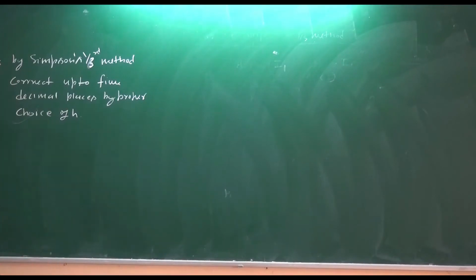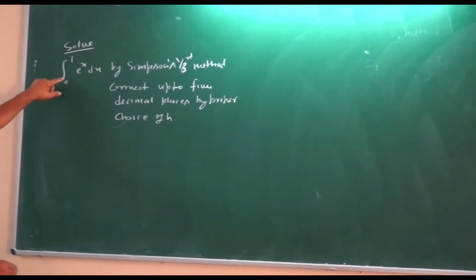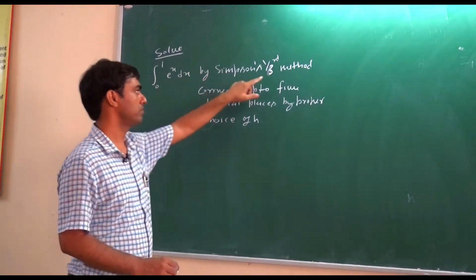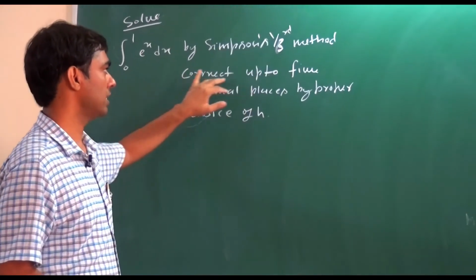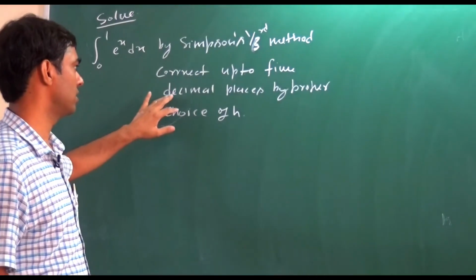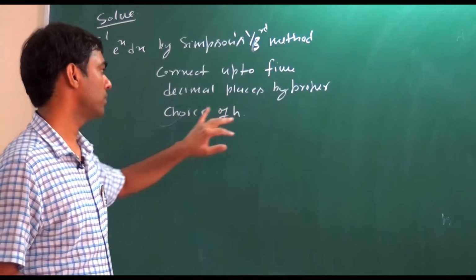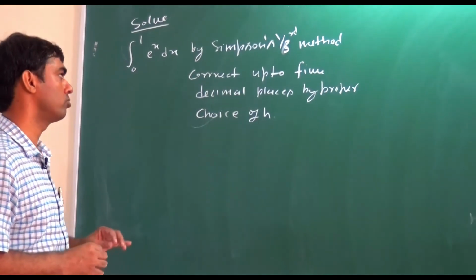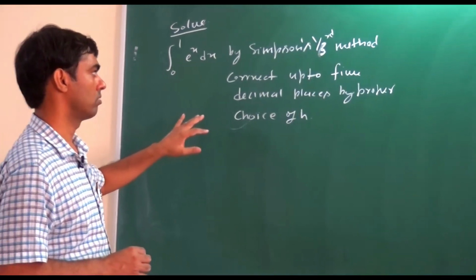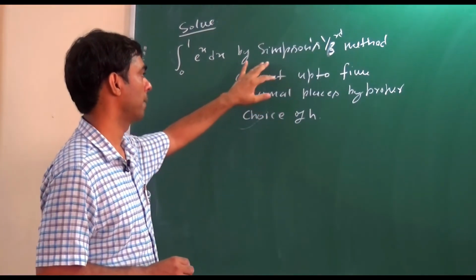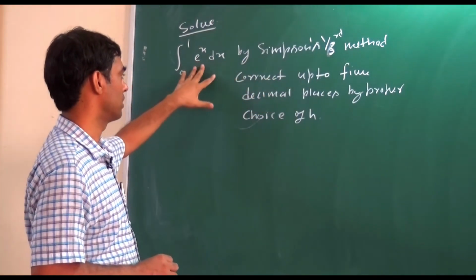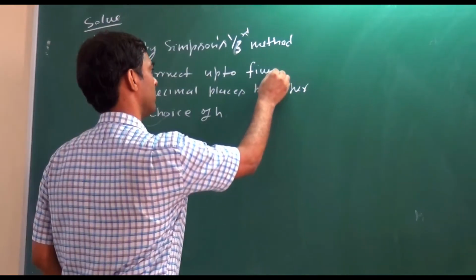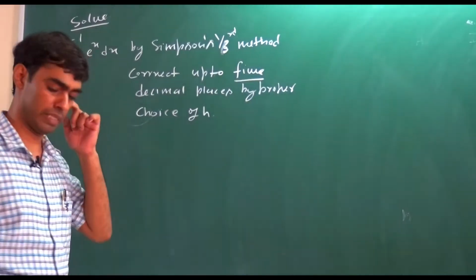This was the problem: find the value of the integration from 0 to 1 of e^x dx by Simpson 1/3 method, correct up to 5 decimal places by proper choice of h. Means what value of h should we choose, so that we are able to find this value of integration correct up to 5 decimal places.